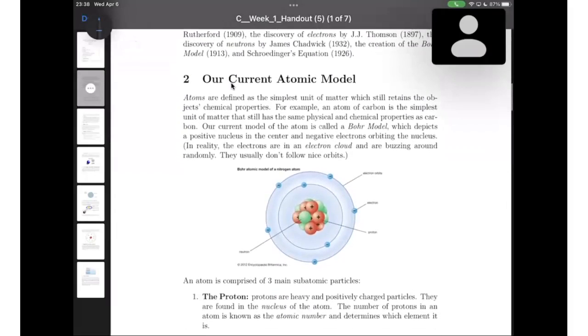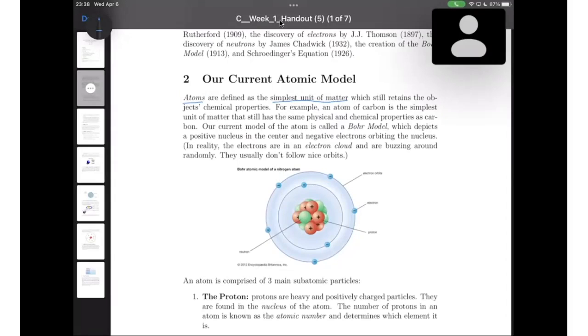atomic model. As of today, in 2022, atoms are defined as the simplest unit of matter which still retains the object's original chemical properties.